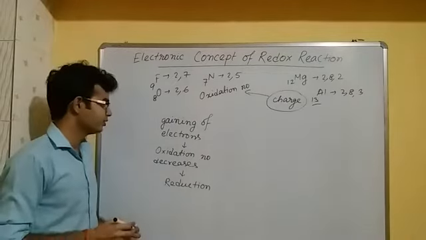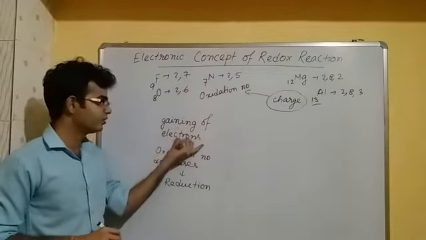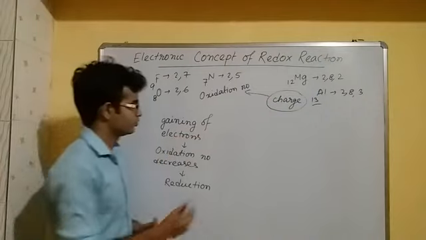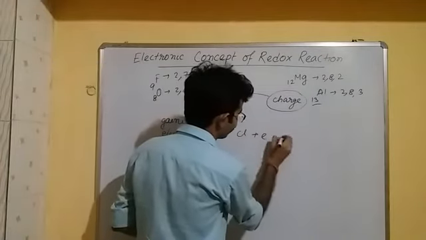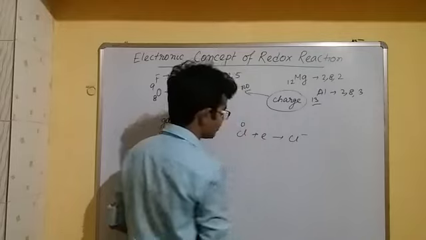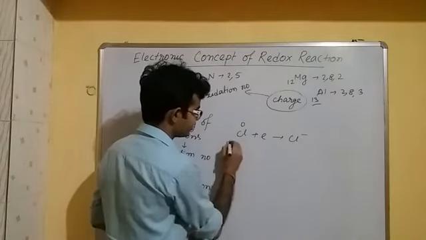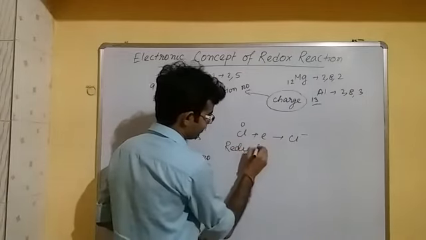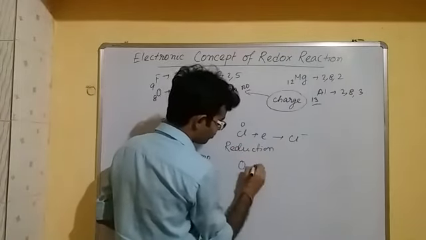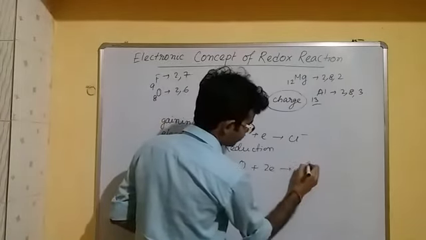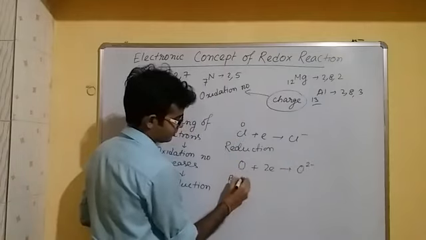How can we identify it? If we observe that gaining of electron takes place. So tell me, Cl plus electron gives Cl minus. Its oxidation number is 0 and this one is minus 1. Which type of reaction is it? Obviously a reduction. O plus 2 electrons forms O2 minus. Which reaction is it? A reduction.